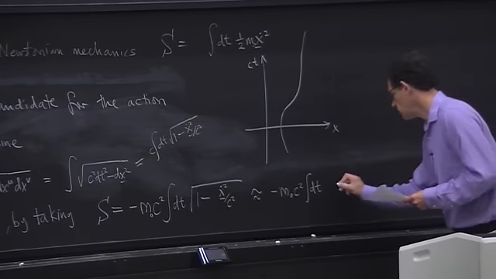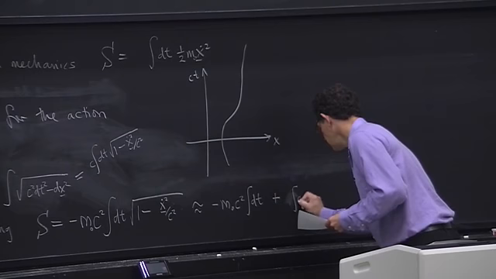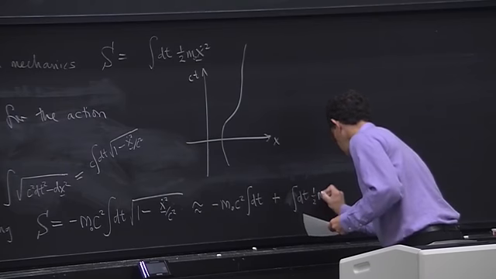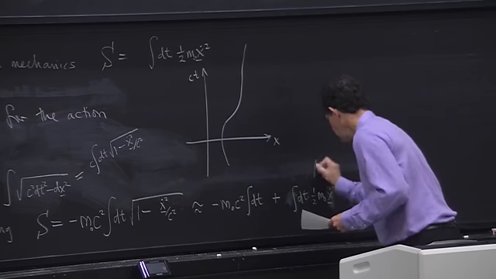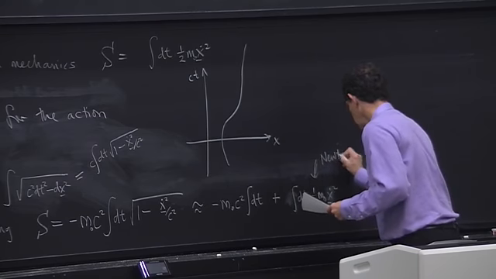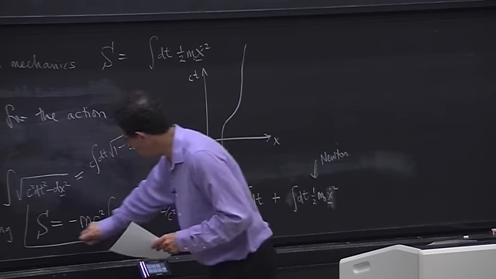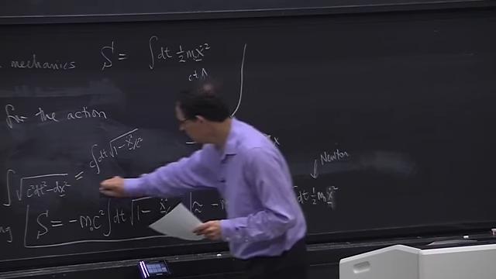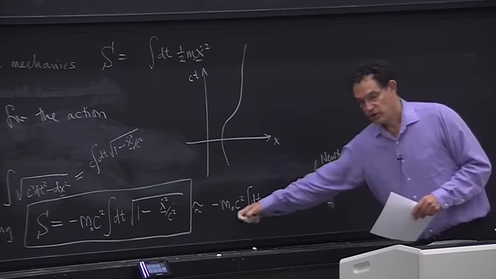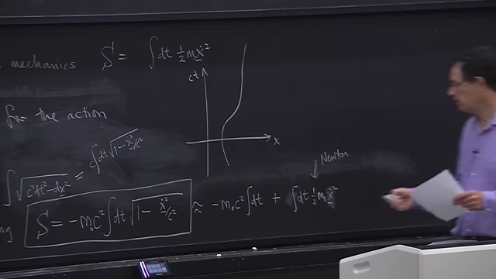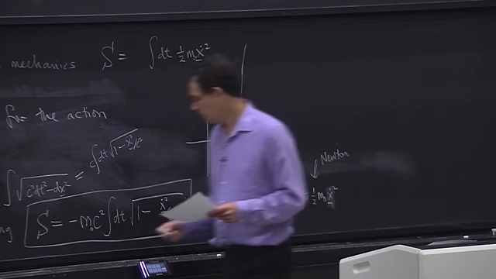And the next term in this expansion is plus the integral of dt, one half m naught v squared, or x dot squared. Okay, so this is Newton. And so this expression for the action will reduce to a constant piece which doesn't depend on the trajectory, the x of t, at all, and so it doesn't affect the equations of motion, and this Newtonian piece.